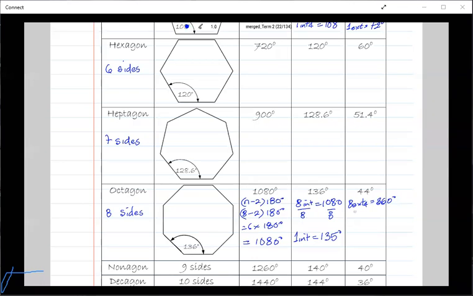Then I divide both sides by 8, and I'm going to get 1 exterior angle. It is a good exercise to go through this table to verify that the information is correct. All right, let's see what comes next.